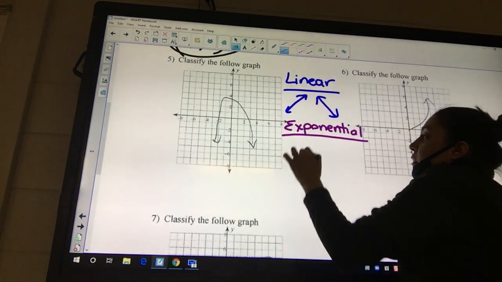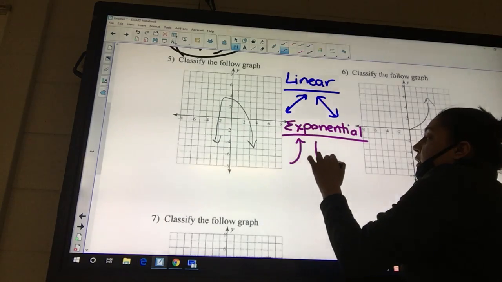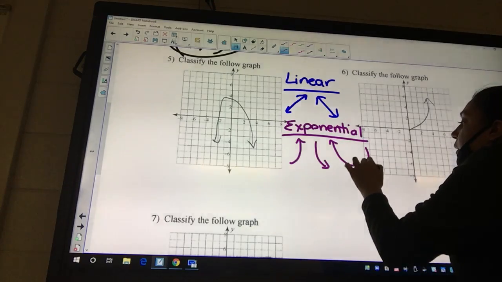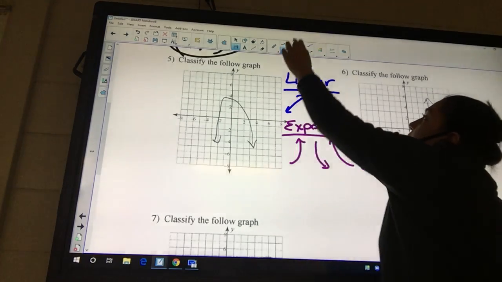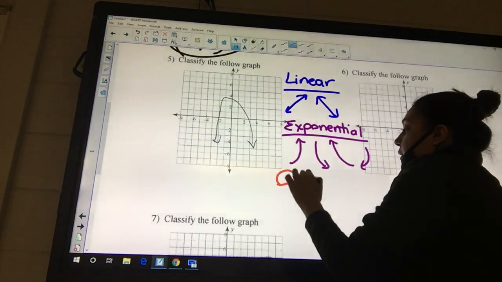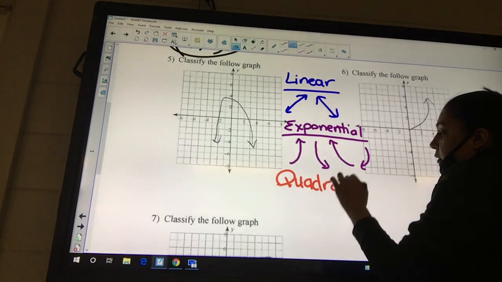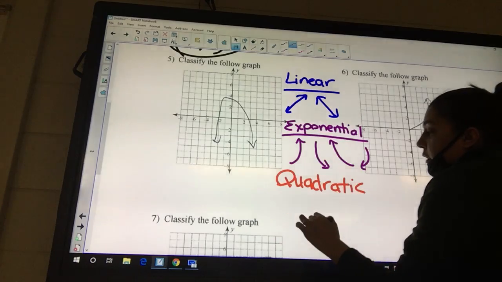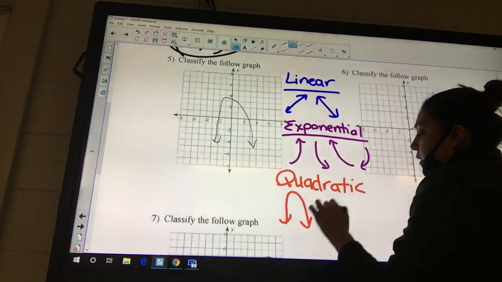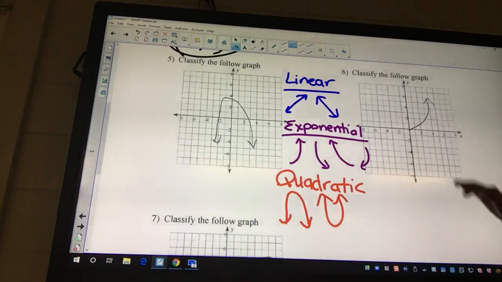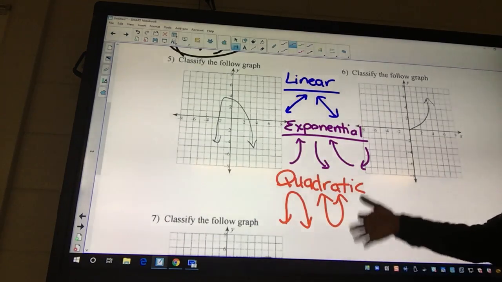Okay, and so that's gonna look like this, or like this, or like this. Okay, it's a half of a U. And then we have quadratic. And that's gonna look like this, or like this.